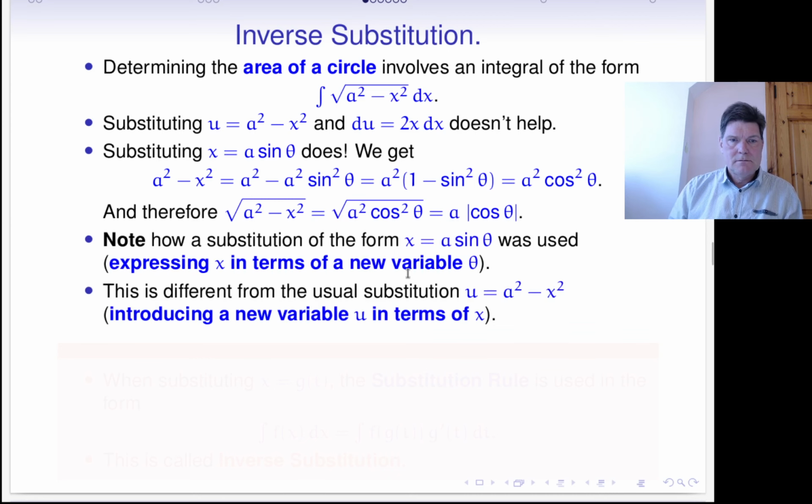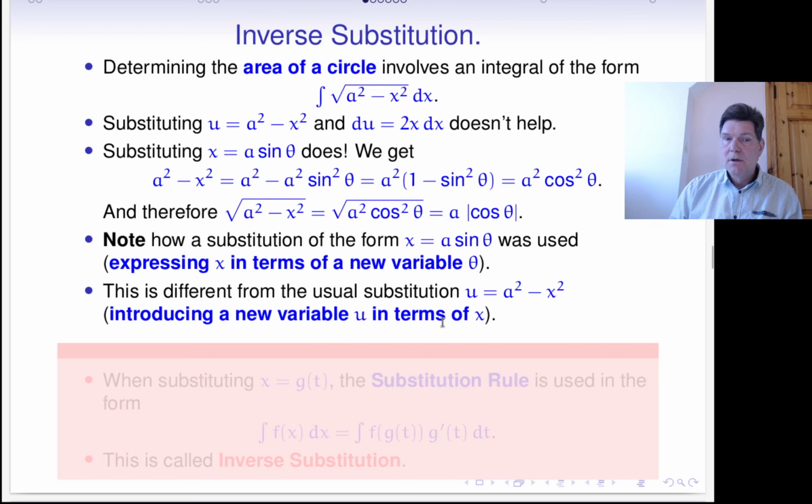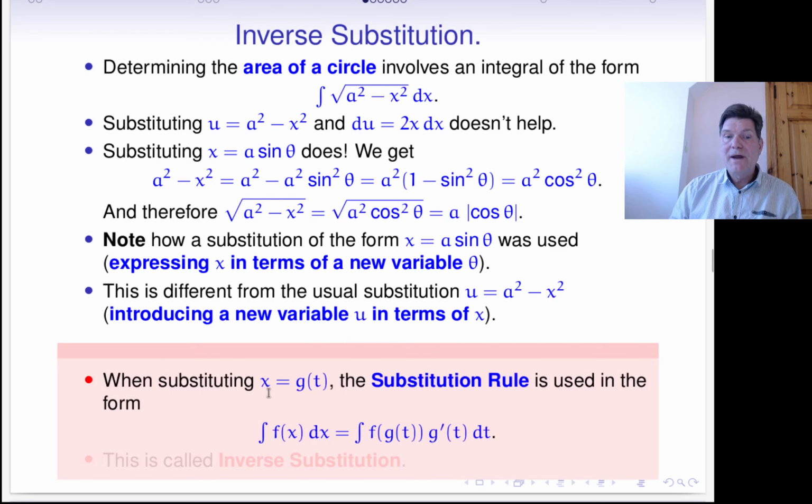And this is a different procedure from taking a part of the integral here, for example a squared minus x squared, an expression that involves x, and introducing a new variable to replace this part of the integral, introducing a new variable u in terms of x. This is in fact inverse substitution, where one substitutes for x a function g of t in terms of a new variable t.